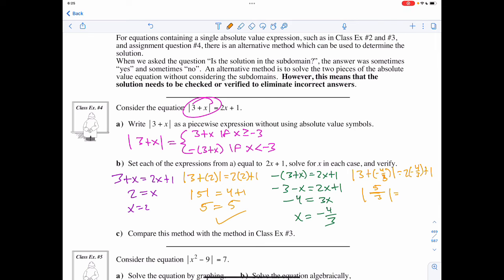And this is going to give me negative 8 over 3 when I multiply it by 2. And that 1 is going to become 3 over 3. Absolute value of 5 over 3 is 5 over 3. And negative 8 over 3 plus 3 over 3 is negative 5 over 3. And those are not equal to each other. And I'm going to reject that solution.